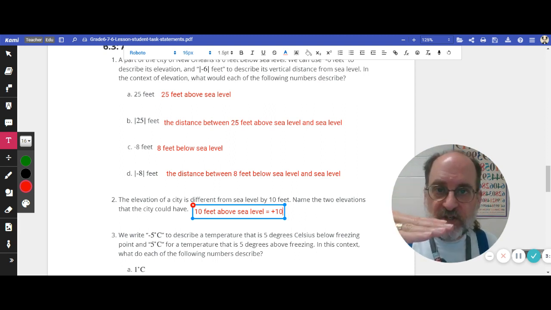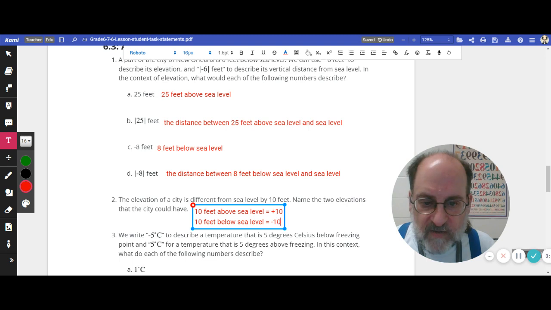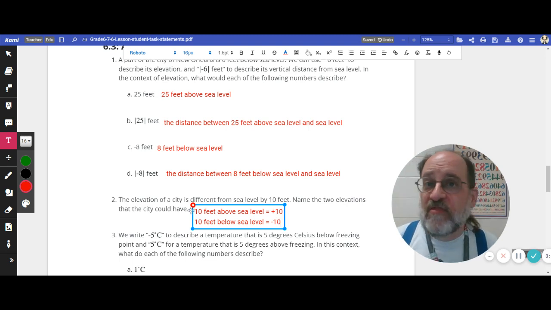That elevation is different from sea level by 10 feet. Or I could be 10 feet below sea level. We would definitely use a negative sign to talk about that number. So each of those are different from sea level by 10 feet.